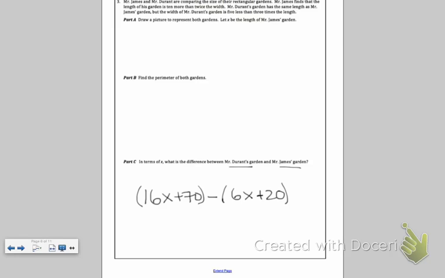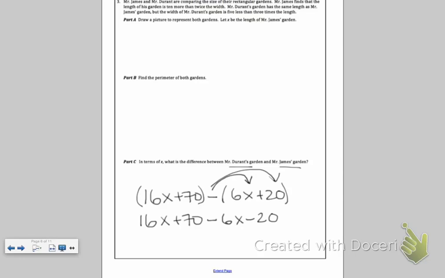So one thing to be really careful with here is when we are subtracting two terms, what you must do is distribute this negative to each term on the inside of our parentheses. So we have 16x plus 70 minus 6x minus 20.